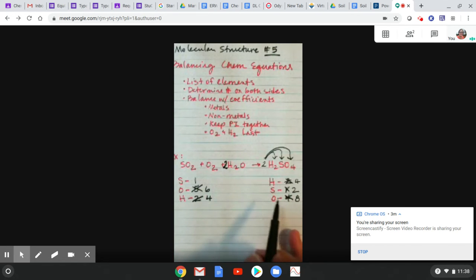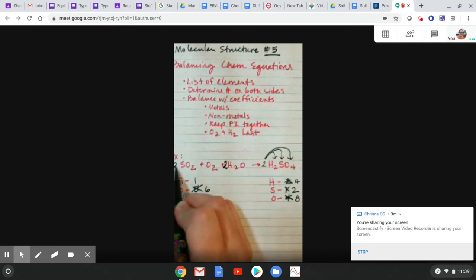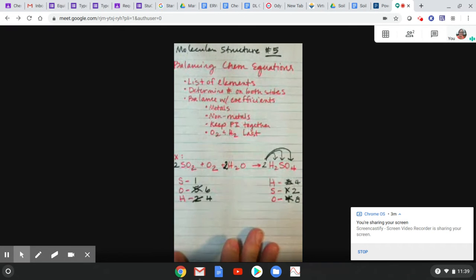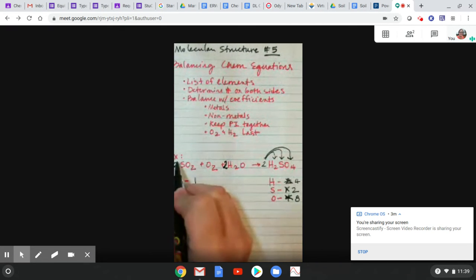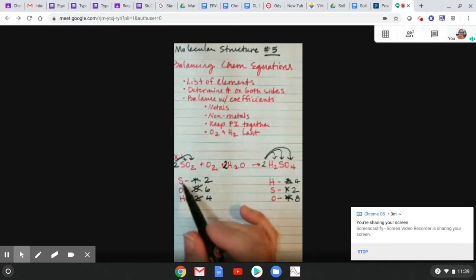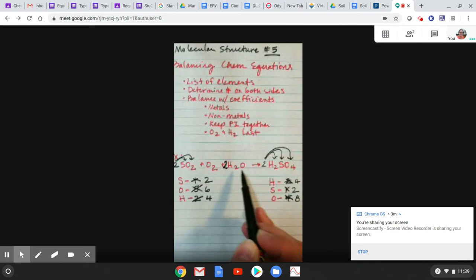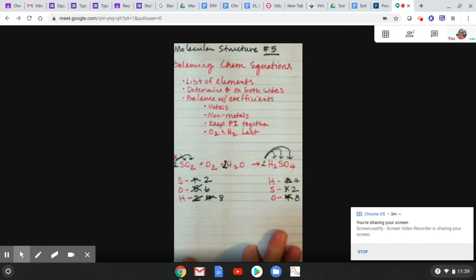I'll worry about that in a little bit. So how am I going to get 2 sulfurs? I have to put a 2 in front of the sulfur dioxide right here. So when I distribute that 2 to everything, I now have 2 sulfurs. And now if I add it up, I have 4 oxygens plus 2 oxygens plus 2 oxygens. So now I have 8 oxygens and I end up balanced.